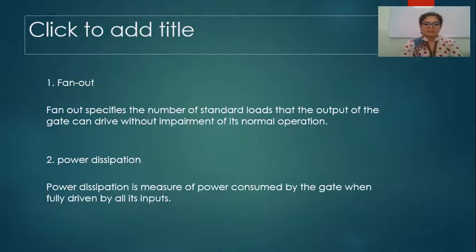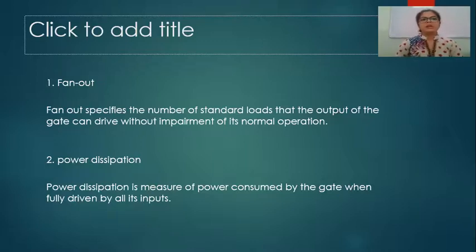Next is power dissipation. Power dissipation is a measure of the power consumed by the gate when fully driven by all of its inputs. Power dissipation is how much power it is consuming while taking inputs. Students, here I also want to give you one real life example.